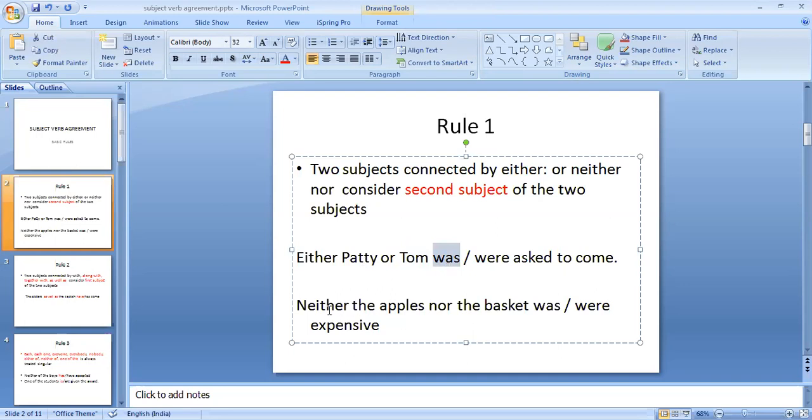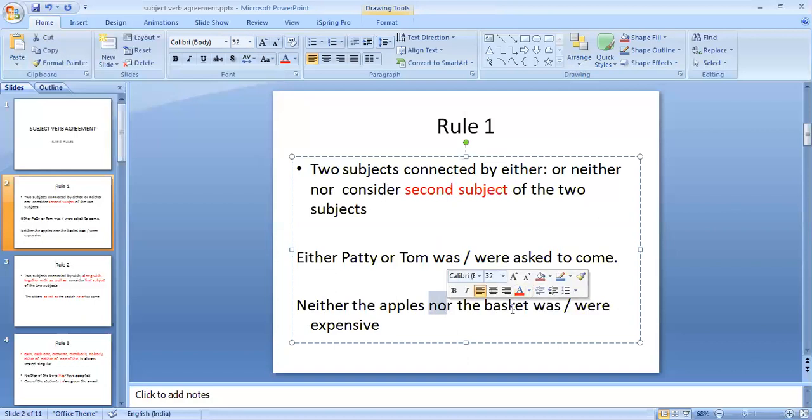Now look at the second sentence. Neither the apples nor the basket was or were expensive. Here the two subjects are apples and the basket. Which one needs to be considered? These two subjects are connected by neither nor. So as per the rule, when two different subjects are connected by neither nor, give importance to the second subject.